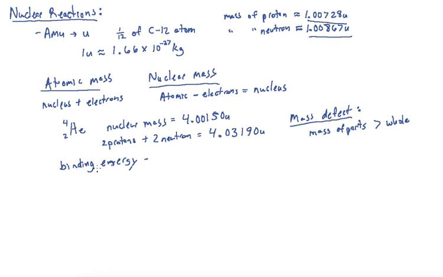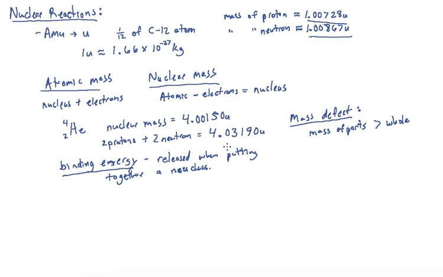So ultimately, the binding energy is the energy that's released when putting together the parts of a nucleus. So when you put together the parts of a nucleus, there's energy that gets released.